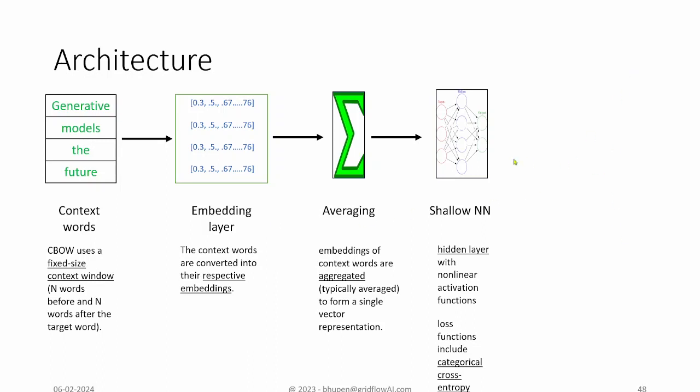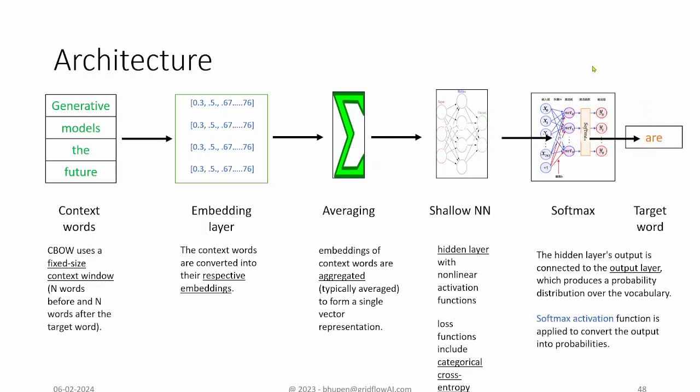Let's say you have a 500,000 vocabulary. So the input is going to be 500,000 and the output also is going to be 500,000 classes. So we're going to use categorical cross entropy. This is the softmax function that we use in case of more than two classes, so the same softmax function is being used here.